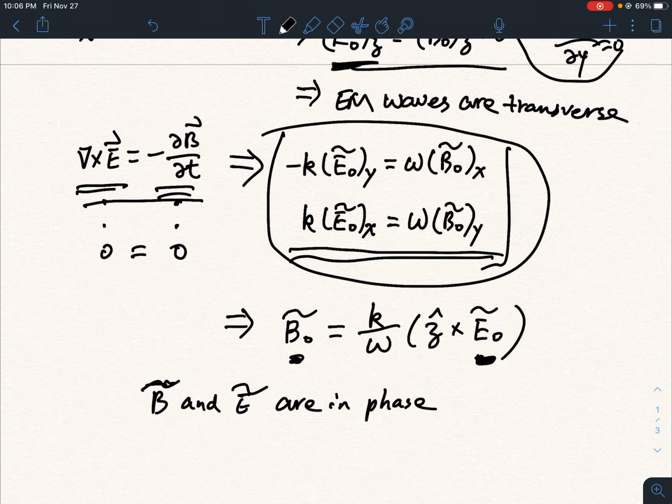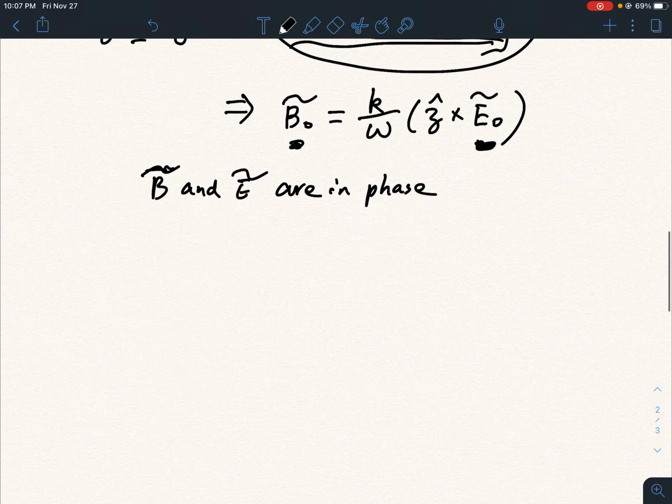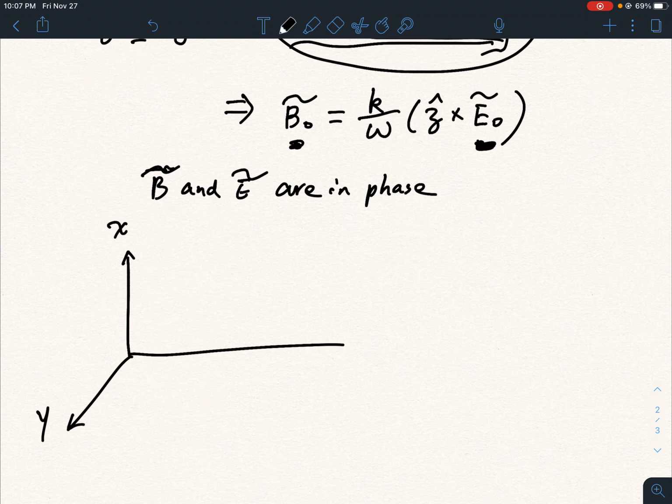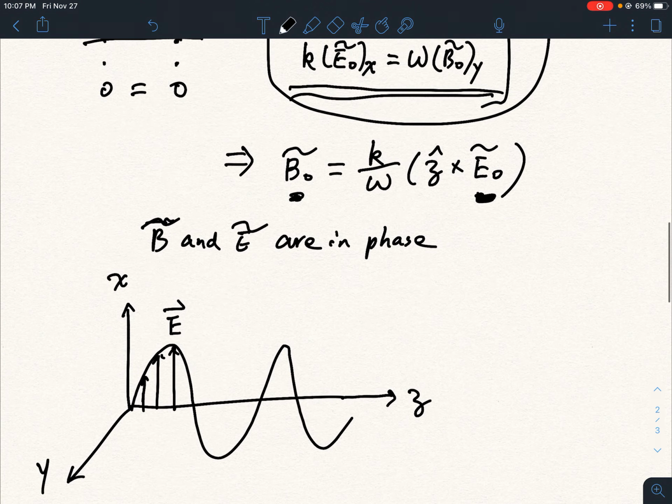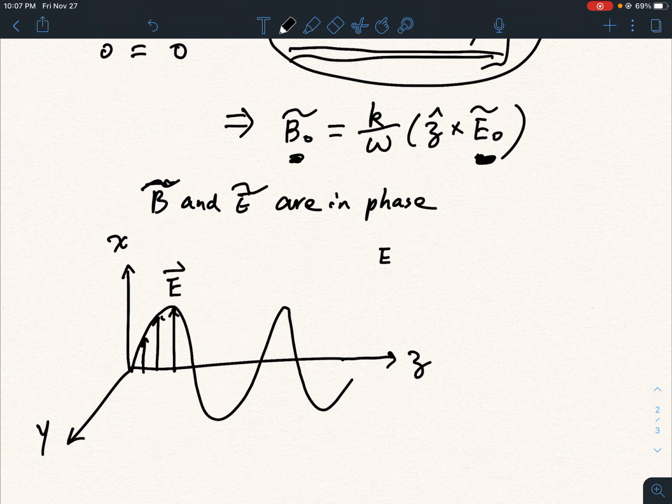That means when the electric field amplitude is the largest, at the same time the magnetic field is also the largest. So if we write it down, for example, this is x, this is y, and here is z. Let us say the electric field is moving on the xz plane.